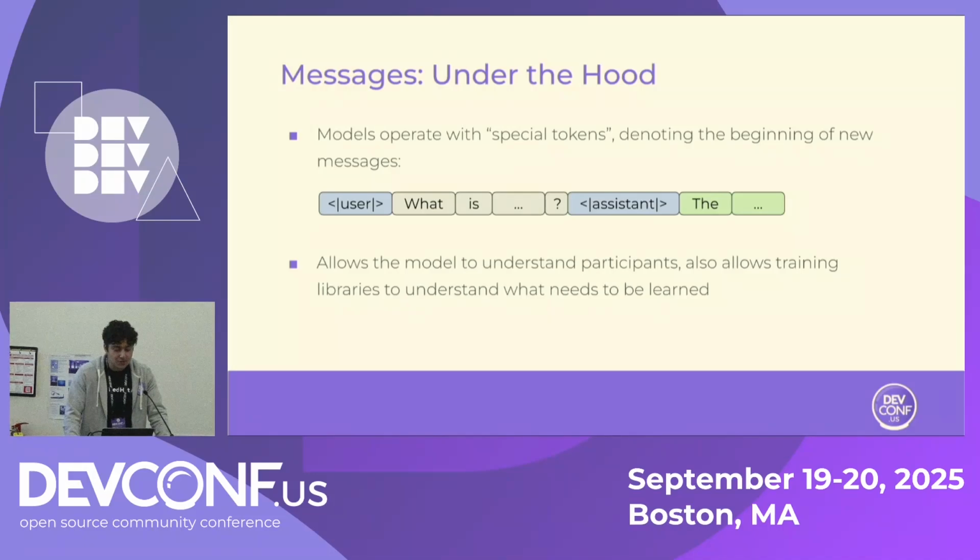So this allows the model to understand the concept of participants, and more importantly for us, allows training libraries to understand what parts of your data need to be learned by the model and what parts are going to be expected from users.